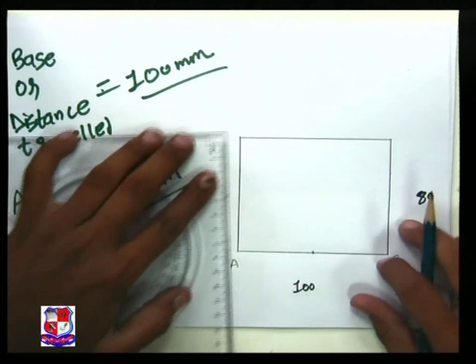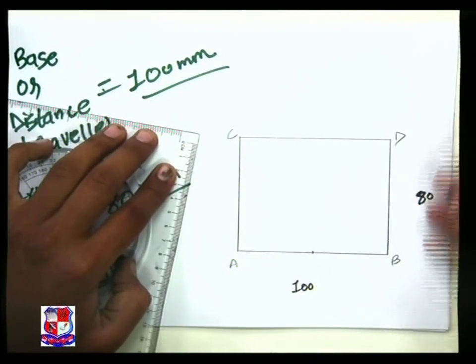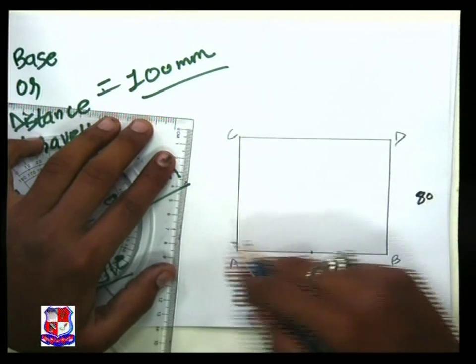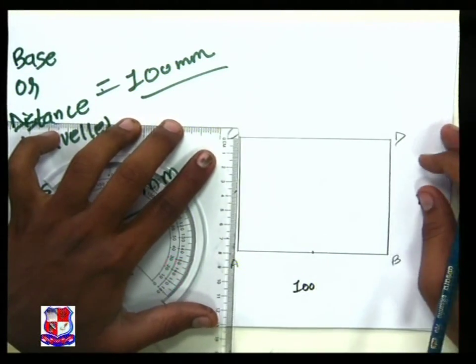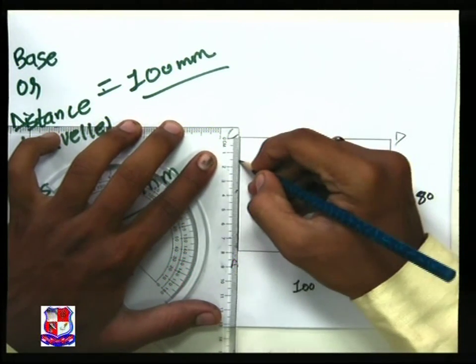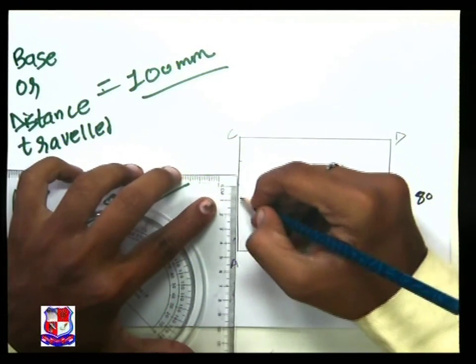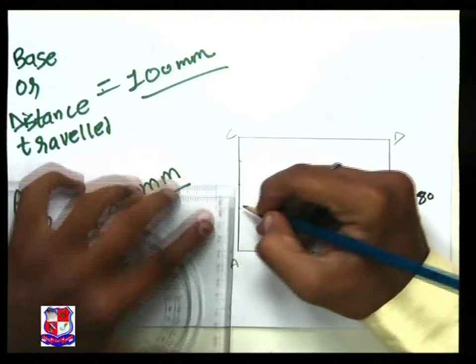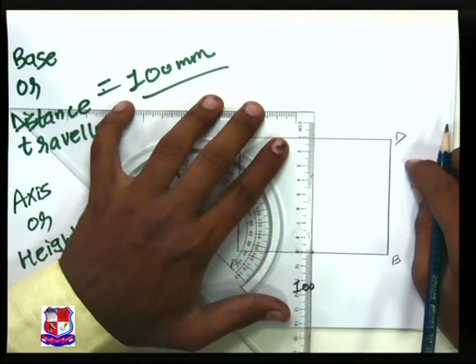Now let's name it as AC and BD, means ABCD. Divide AC and BD into 5 equal parts, which means 16 mm each.